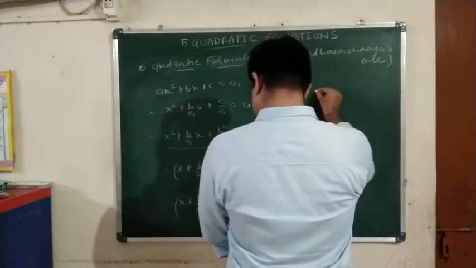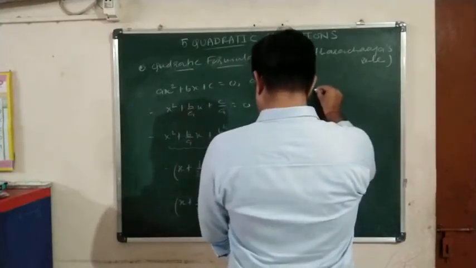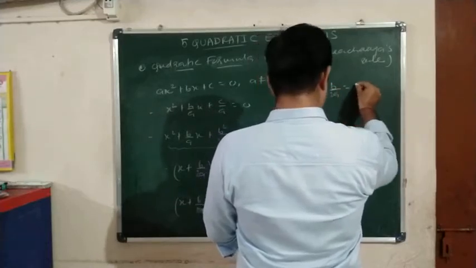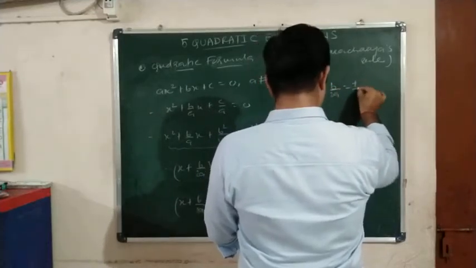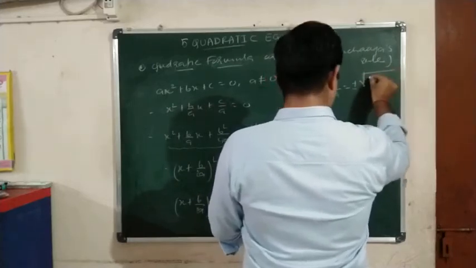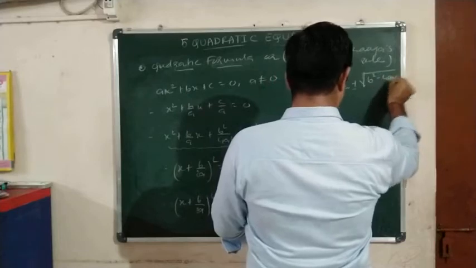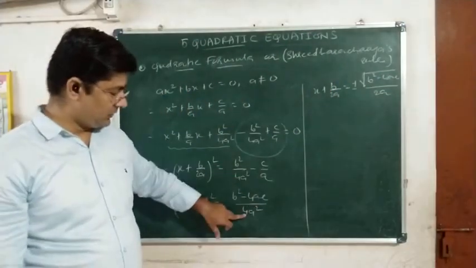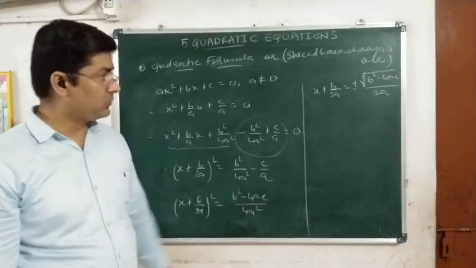So now let us further simplify a few more steps. Therefore, taking the square root, x plus b upon 2a is equal to plus or minus square root of b square minus 4ac upon the square root of 4a square, and the square root of 4a square will be 2a only.